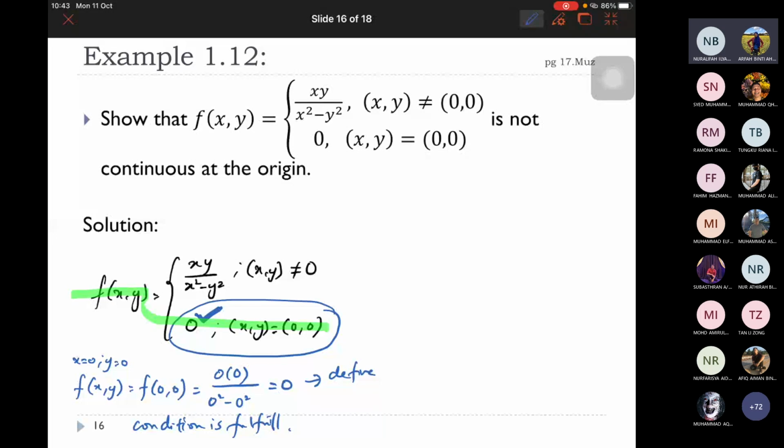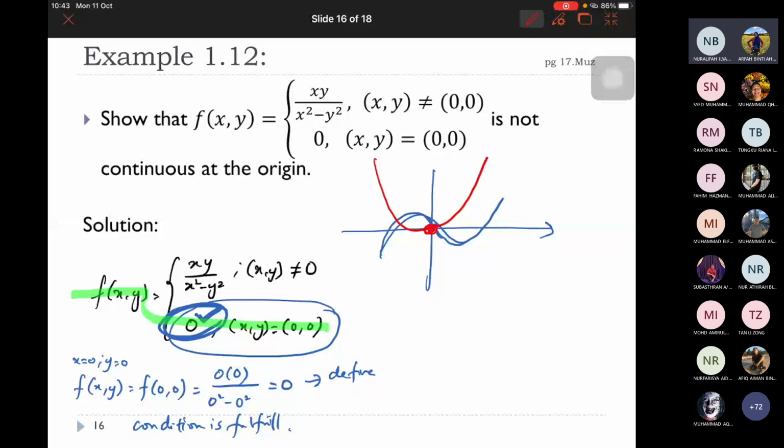Maksud dia kita sedang deal dengan satu fungsi. So kalau graf dia tu menyentuh dekat titik kosong tu, nilai graf dia maybe macam gini, or maybe the graph is like this. Contohnya, dekat titik kosong-kosong tu graf tu ada line dia, dan line dia adalah kosong.